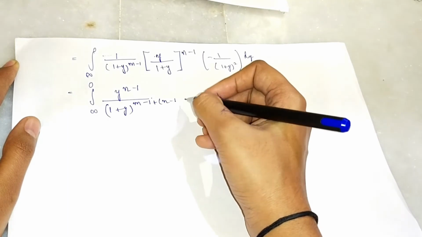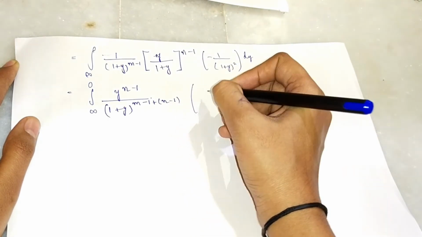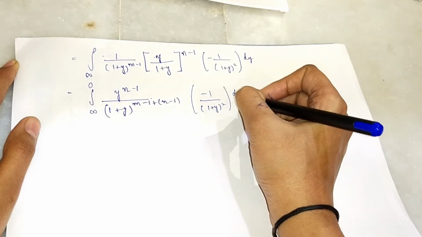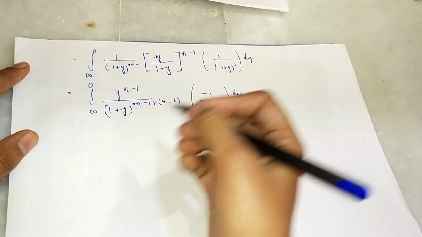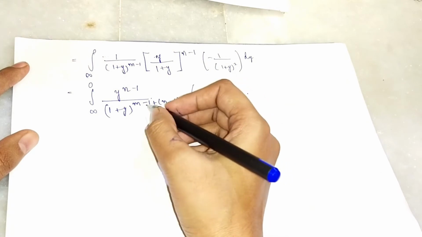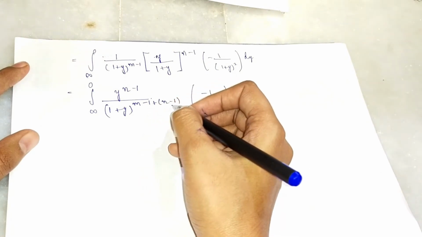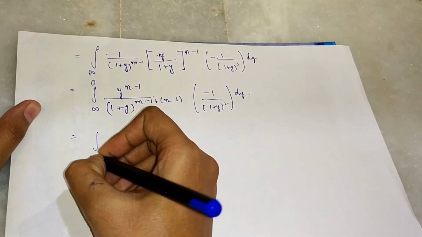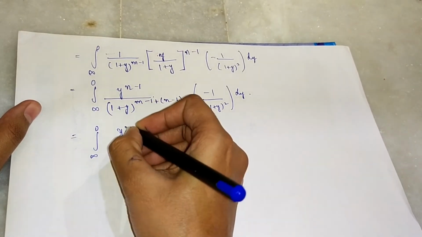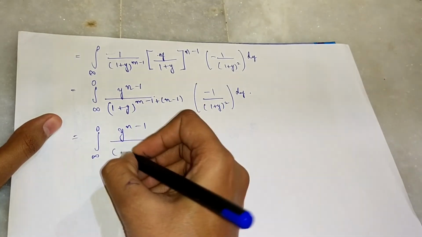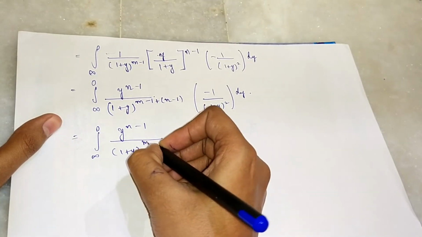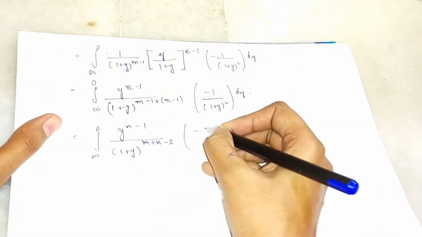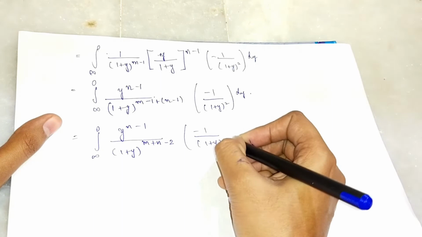Okay, and this term will remain as it is. So this minus 1 and this minus 1 is equal to minus 2. So we can write y raised to n minus 1, and 1 plus y raised to m plus n minus 2, minus 1 minus 1. Okay, and here this term will remain as it is.